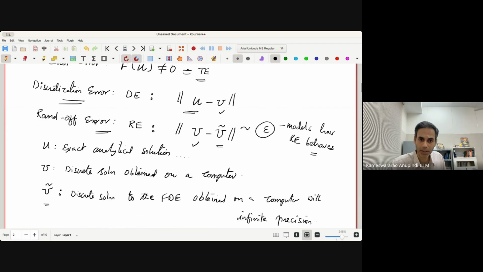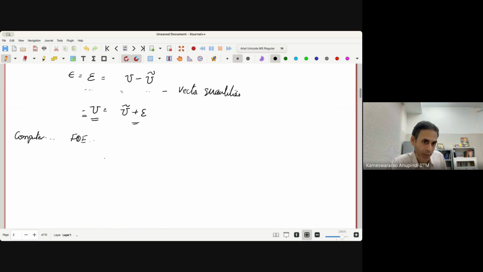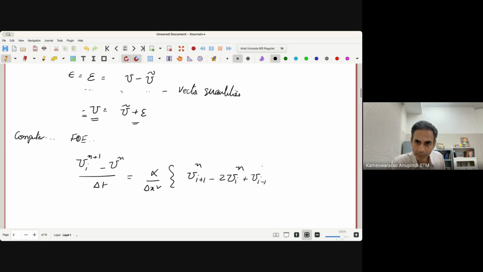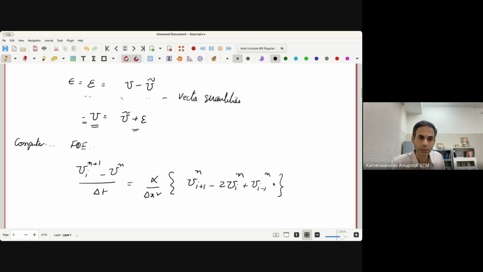So the equation that capital U satisfies is U_i^(n+1) minus U_i^n divided by delta t equals alpha by delta x square, times U_(i+1) minus 2 U_i plus U_(i-1), all of them at nth time level on the right hand side.